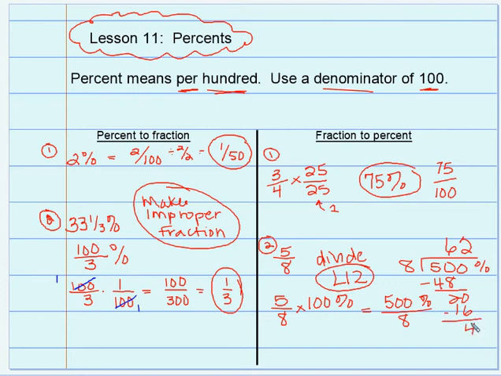That's okay. So we can either add a decimal and keep going, or we can write this as the fractional remainder. So it'd be 62 and 4 out of 8, which I know has to reduce, right? And I ran out of room, so I'm going to write it down here. 62 and 4/8 is 1/2. So it'd be 62 and 1/2, and remember to add percent.